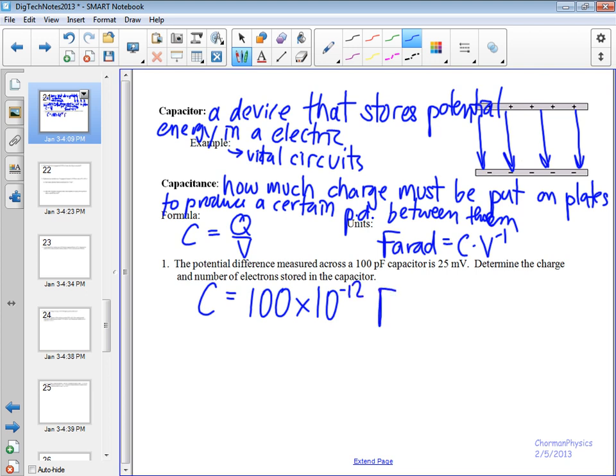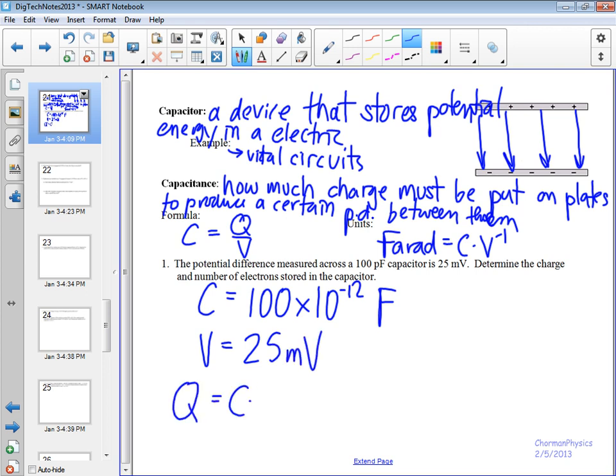We use this unit picofarads here. We're trying to figure out how much charge we're building up in the capacitor to create this, on this negative side. So that's the capacitance, and the voltage that is built up between the two plates, or whatever kind of capacitor it is, is 25 millivolts.